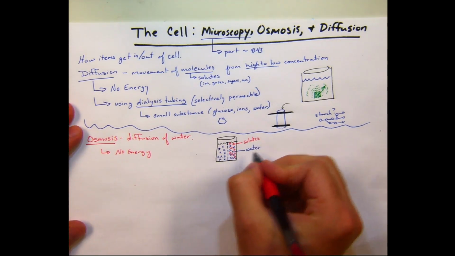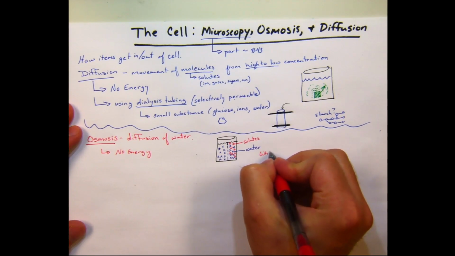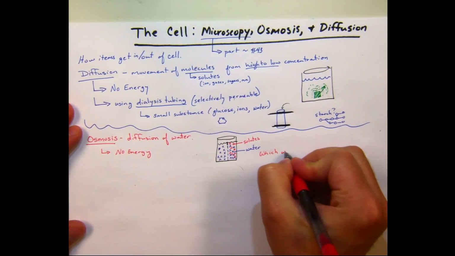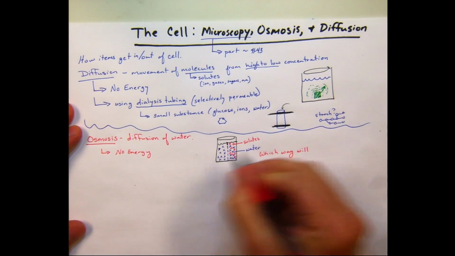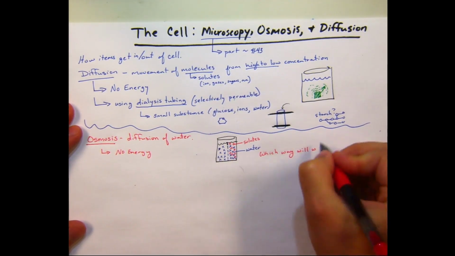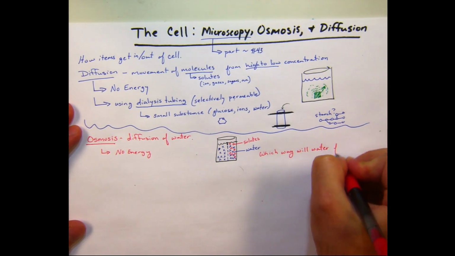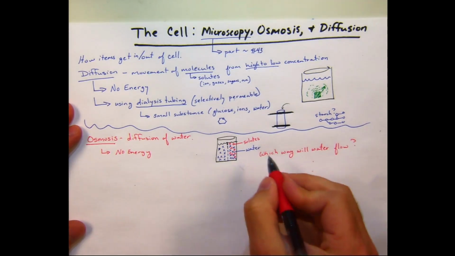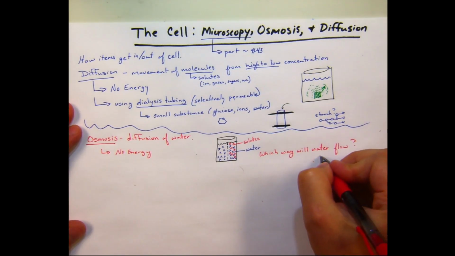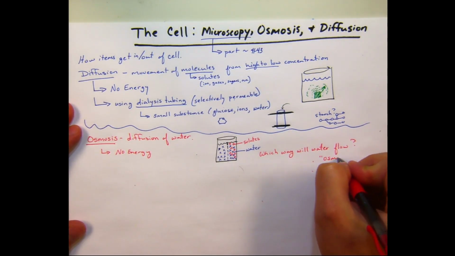All right. So here's a question. Which way will the water, in our example here, flow? When water is moving, we typically refer to this as osmotic flow.